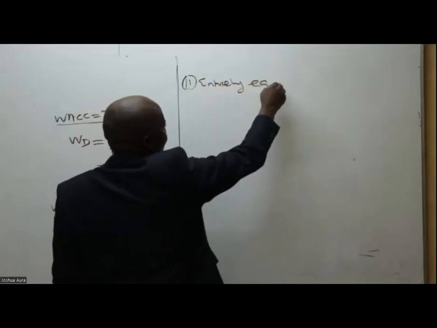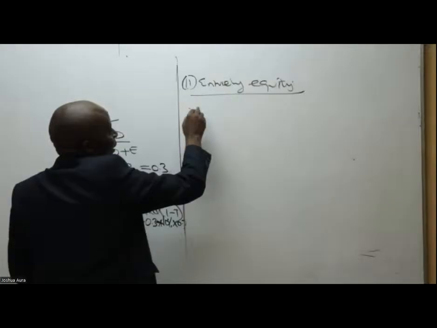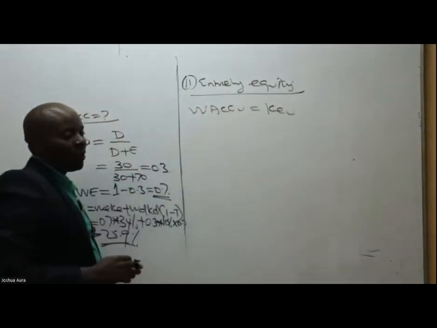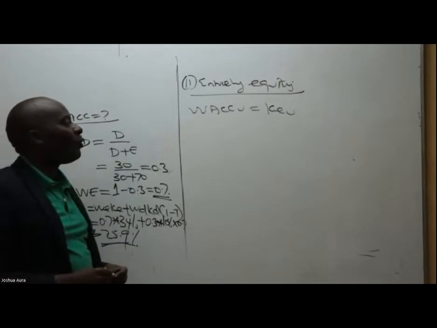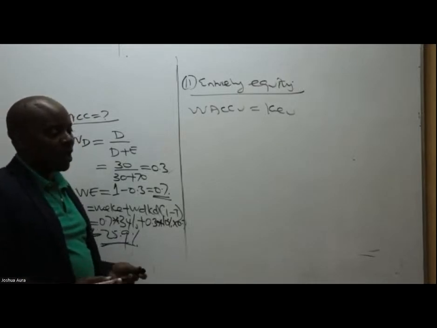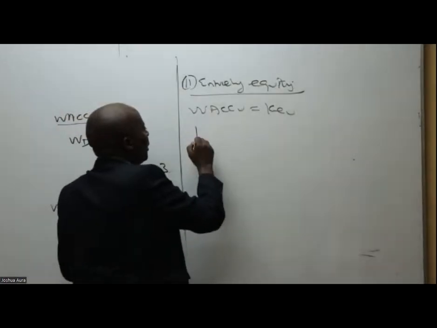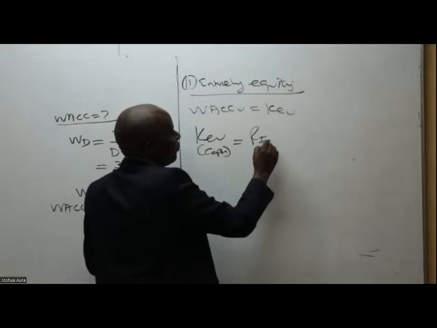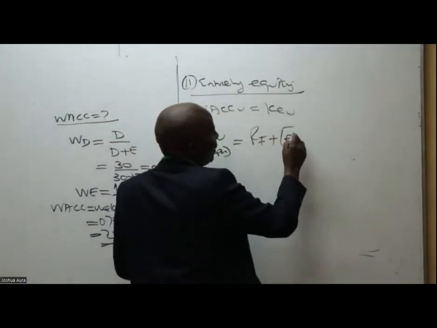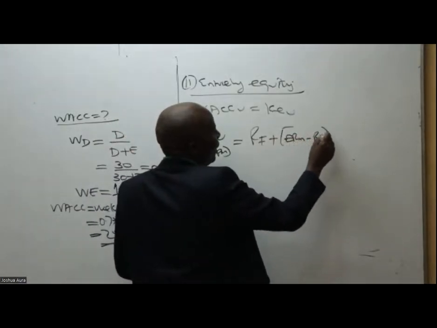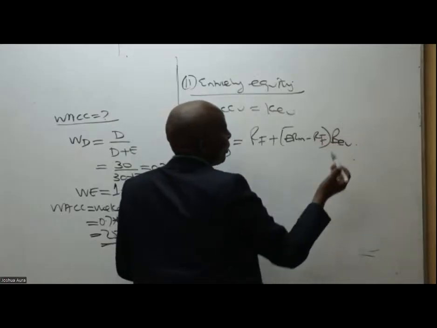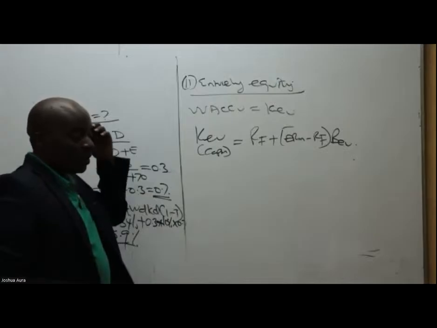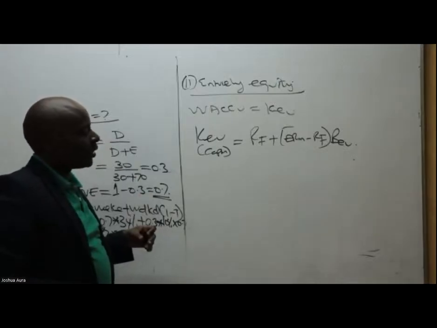So entirely equity, I know WACC unlevered equals Ke. The weighted average cost of capital of an unlevered firm equals Ke. And to get Ke is quite a simple thing. Using CAPM, I'll take the risk-free plus market returns minus risk-free multiplied by beta. I do not need a lot of workings here really.